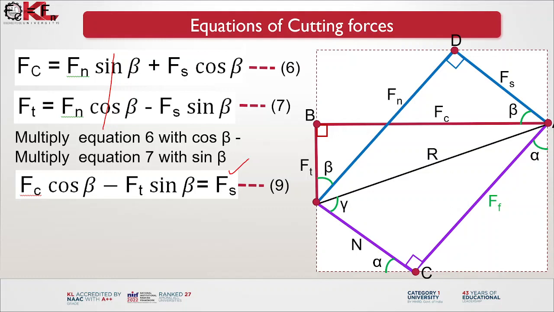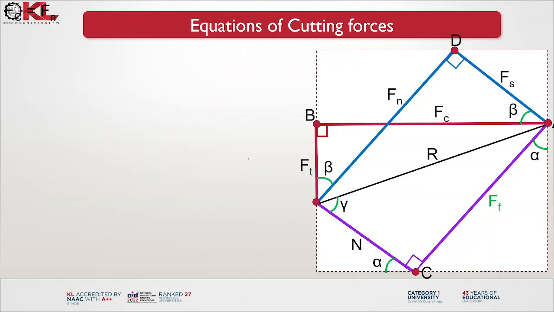So far we calculated the cutting force, thrust force, shear force, and normal to the shear force. These four components we have determined. Next, we want to find out the frictional force and normal force. For these two forces, similar to earlier, we can consider these two triangles.